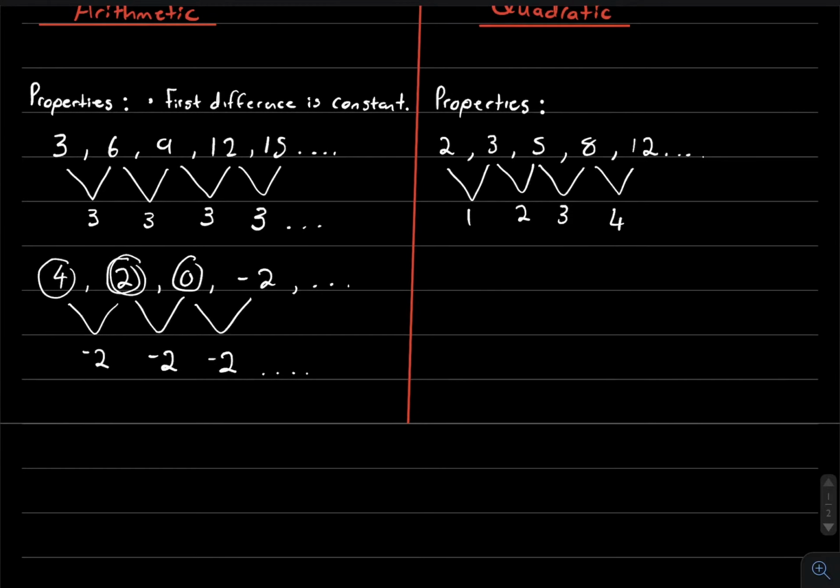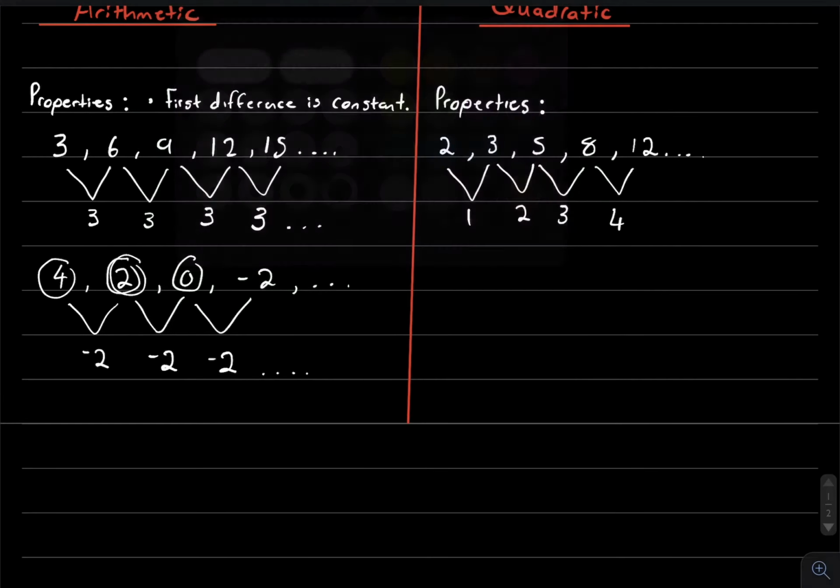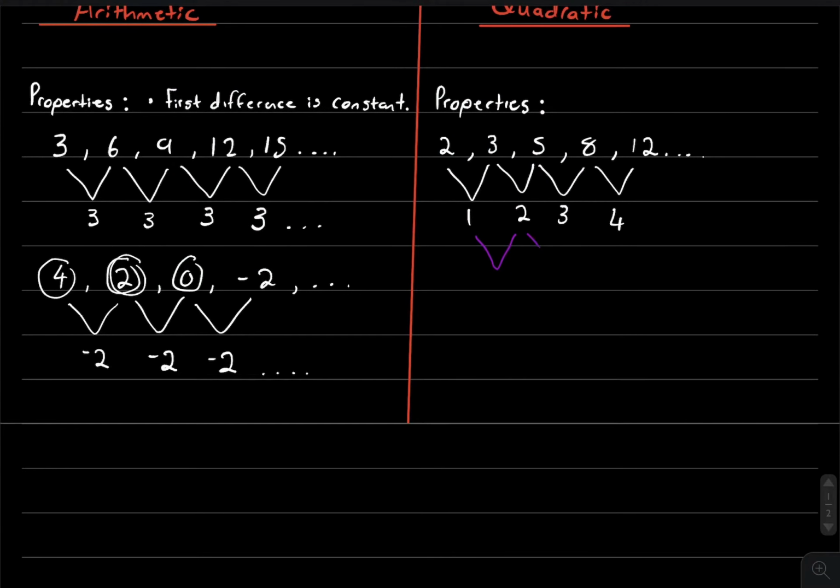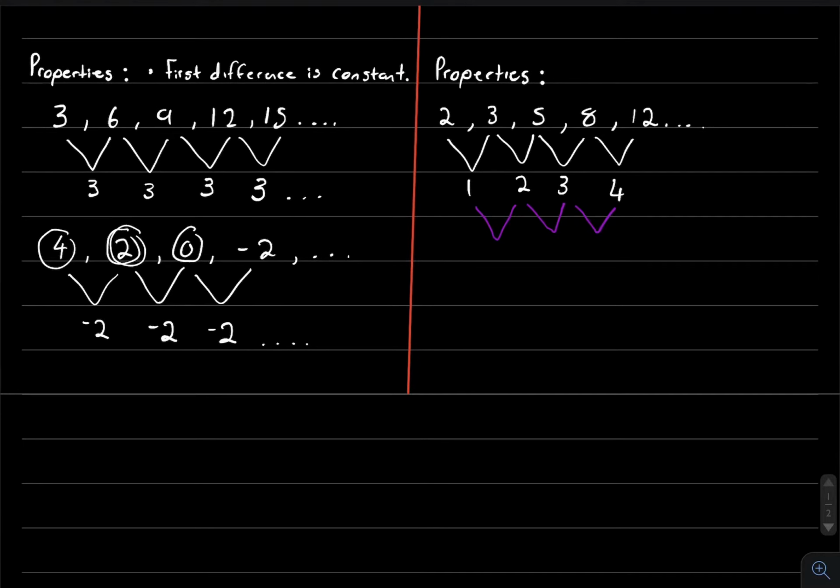But if we were to go and find the difference between these numbers here, we would see a pattern that begins to emerge. So we have 2 minus 1, which would be a 1, 3 minus 2, which is 1 again, and 4 minus 3, which is 1. So in this case, the first differences are not constant.